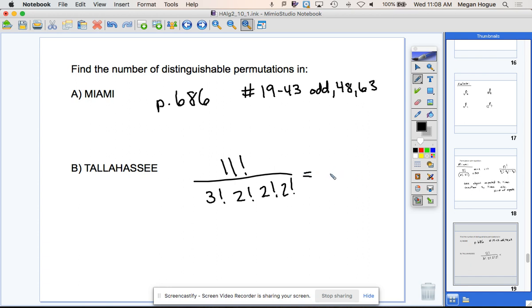That looks like a lot. Yeah, I don't know if I'm right. 831,600. Oh, okay, cool. You're going to find they go pretty quick, I think. So your homework then is that same page, 19 through 43 odd, and then 48 and 63.